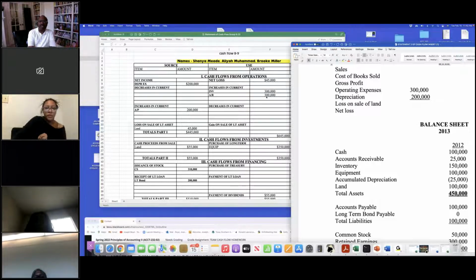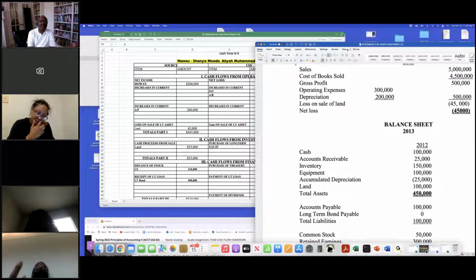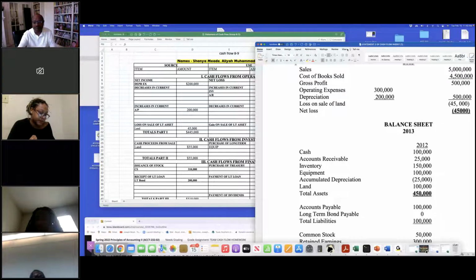What's the next thing we're going to do? So I did have land. I just put 55,000 in cash proceeds from sale. How did you get 55,000? So I had 100,000 and then I lost that 45. So I just did 100,000 minus the 45, giving me the 55,000 that I needed.